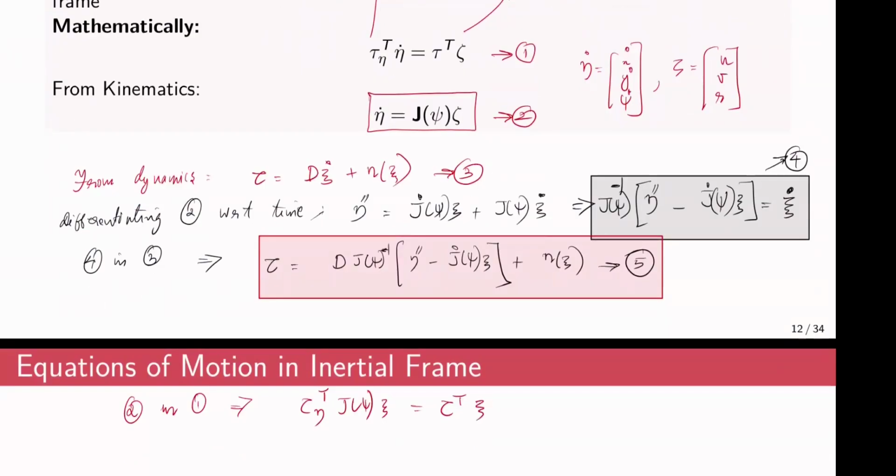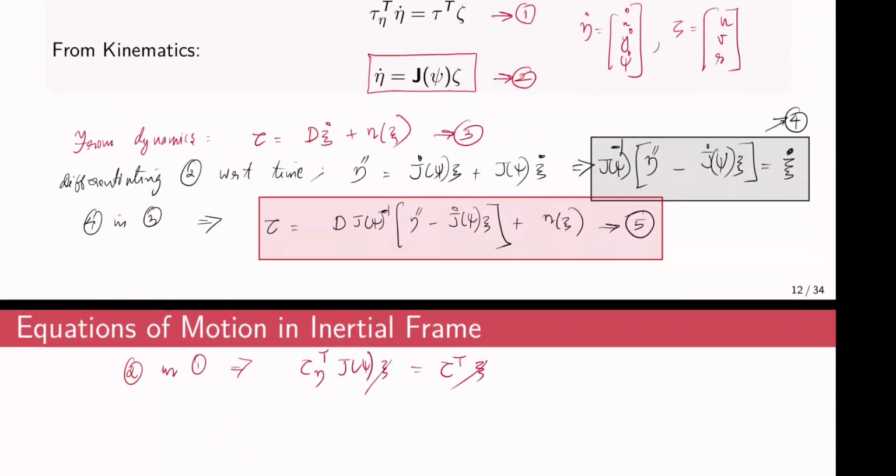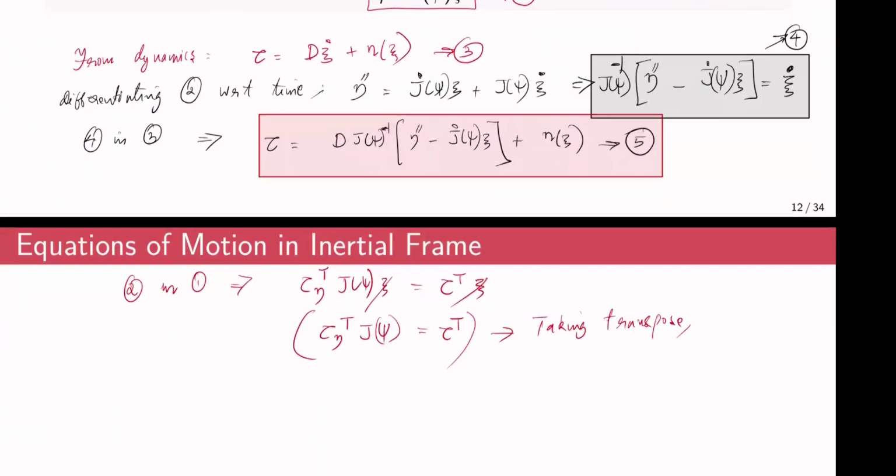So these zetas get cancelled, and you end up with tau eta transpose J of psi is nothing but tau transpose. If you take the transpose of this entire equation, you get J of psi transpose tau eta. This is nothing but tau. I label this as equation 6.